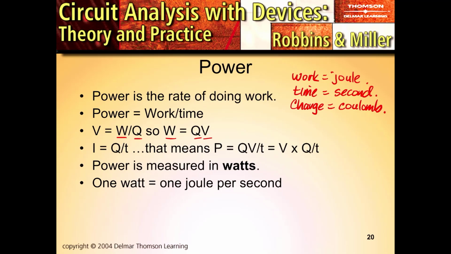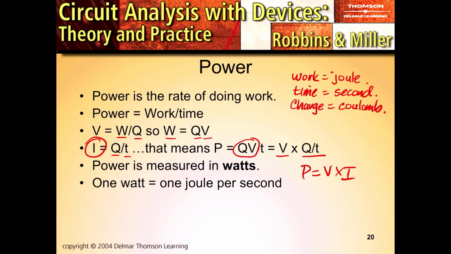If we look at current as our charge per unit time, or coulombs per second, that means P can equal QV divided by time, because QV is our work. Therefore, if we just move that formula around, we can say that P again equals V times Q/T, V being voltage and Q divided by T being I. Therefore, we can say that P otherwise is equal to V times I.